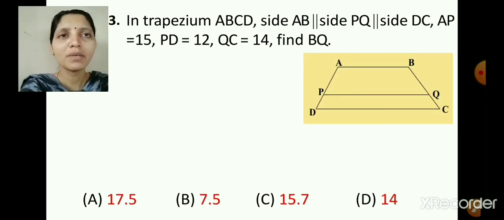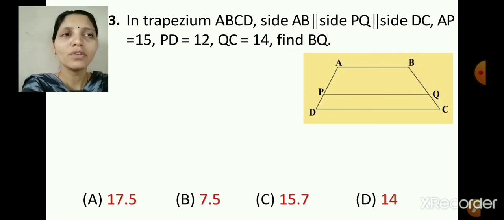In trapezium ABCD, side AB is parallel to side PQ, side PQ is parallel to side DC, AP is equal to 15, PD is equal to 12, QC is equal to 14, and you have to find the length of BQ.